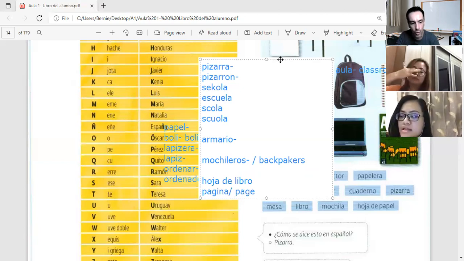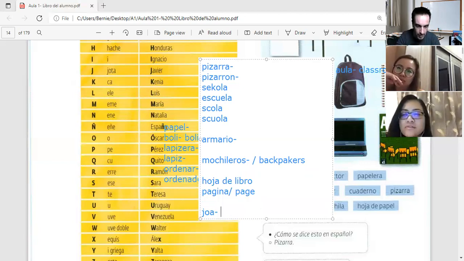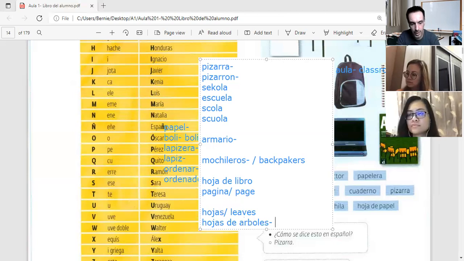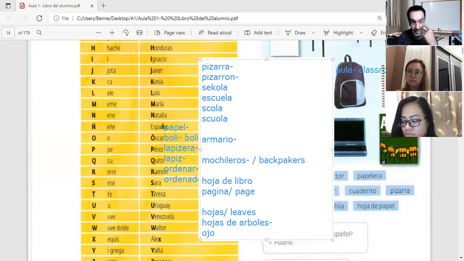But then we have another hoja: hojas, leaves from the trees. It's the same word. Hojas de árboles. Leaf from the trees. But don't confuse with ojo, eyes, or ojos.